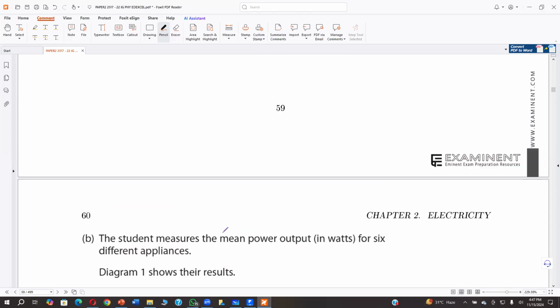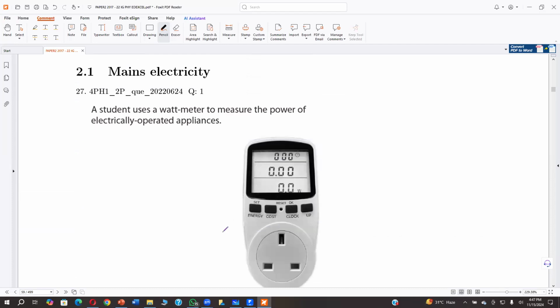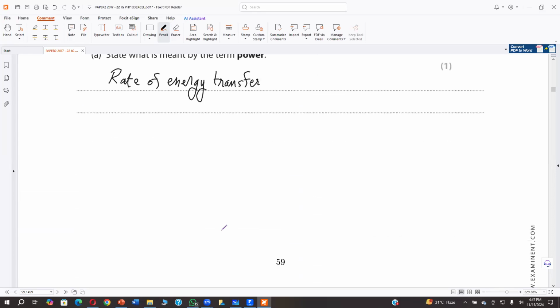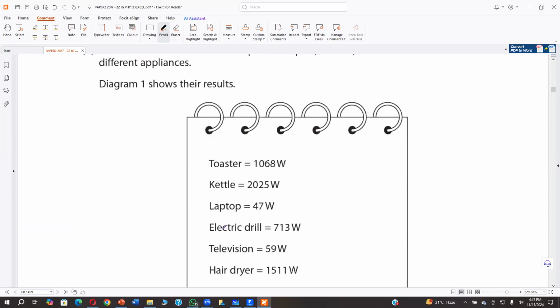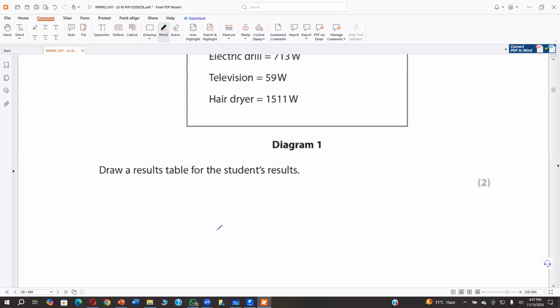He had described in the start of the question that this is an apparatus which is helping him to determine the power of electrically operated machines. So now we have defined the power. He's asking us to make a table. This is a 2-mark question. He says draw a result table for the student results.